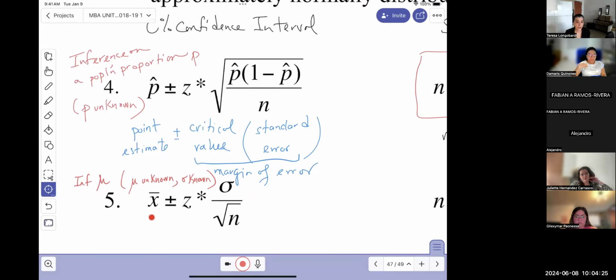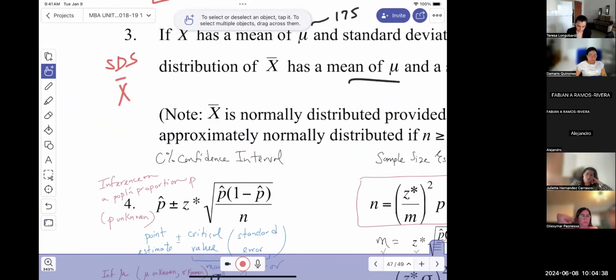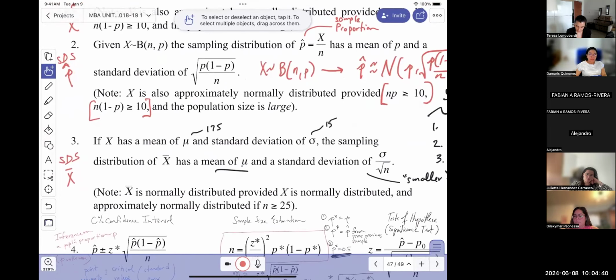And then there's the theory in Formula 3. Let me go back. Let's look at Formula 3 above.